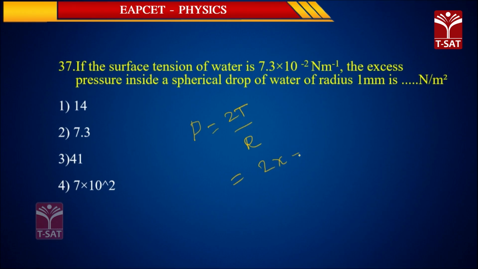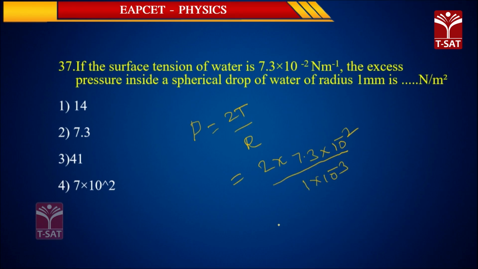What is that? 7.3 into 10 to the power minus 2 by here radius. See children, 1 millimeter is given. 1 millimeter. Here what is 1 milli? 1 millimeter is equal to how many meters? Milli. That is 10 to the power minus 3.